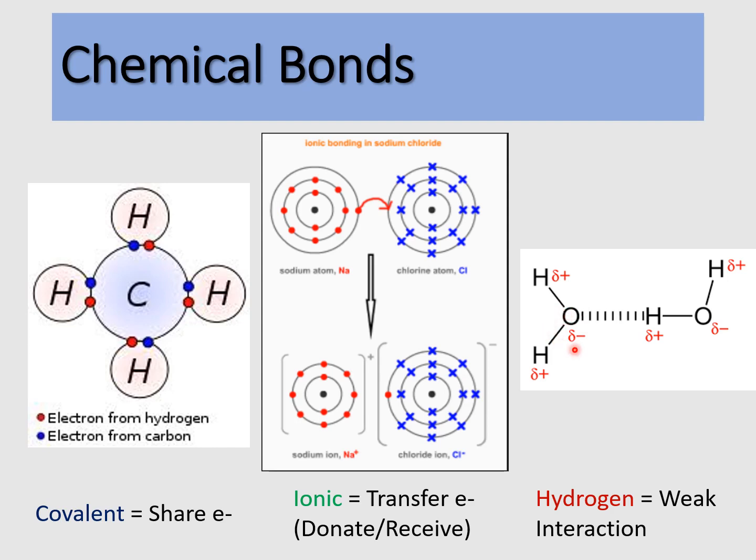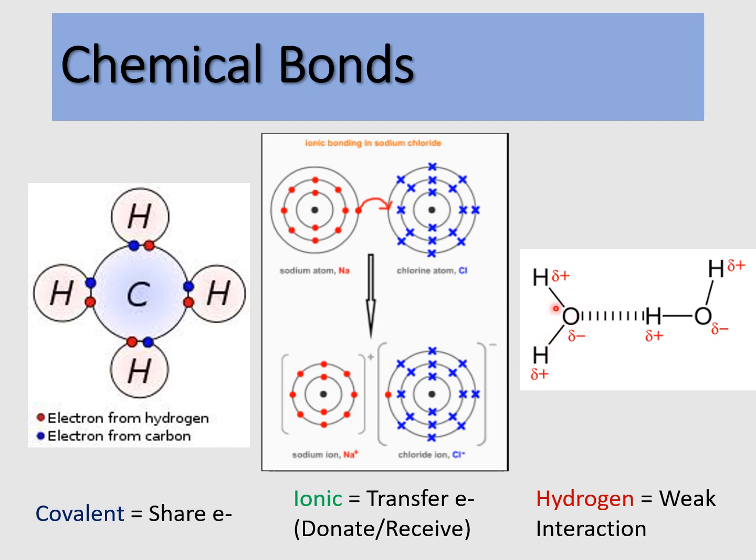So essentially we say that the oxygen is slightly negatively charged, and that's what this little symbol means. Whereas then the hydrogen now becomes slightly positively charged because it's kind of losing the electron a little bit because it's spending more time with the oxygen.